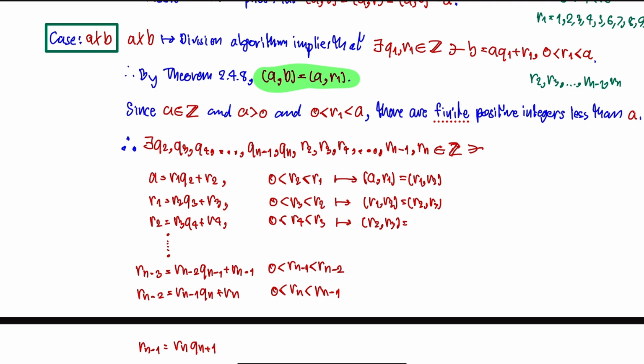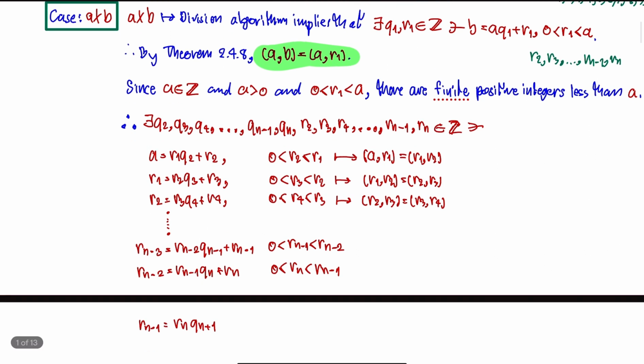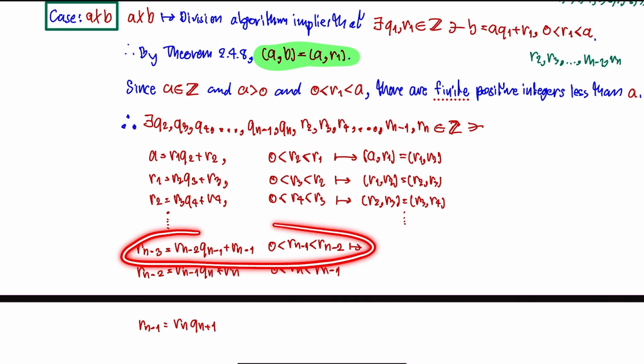So we divide R2 by R3. That means that we're gonna have R3 and the remainder, which is R4. Okay? Now let's go to the next one here.